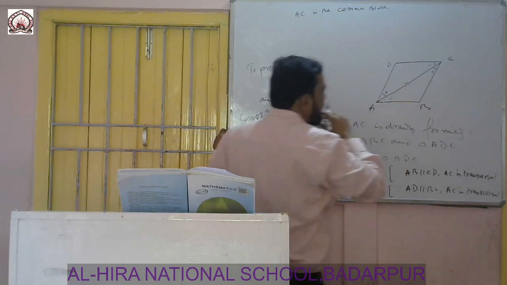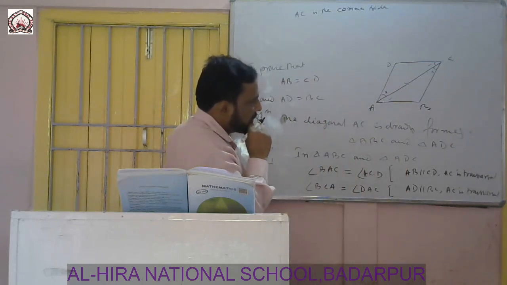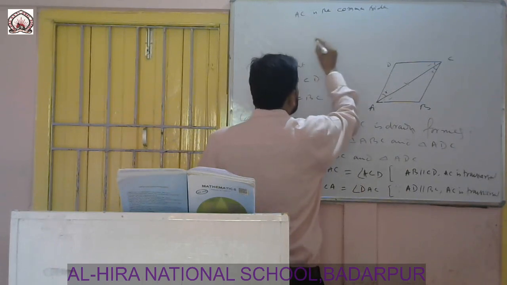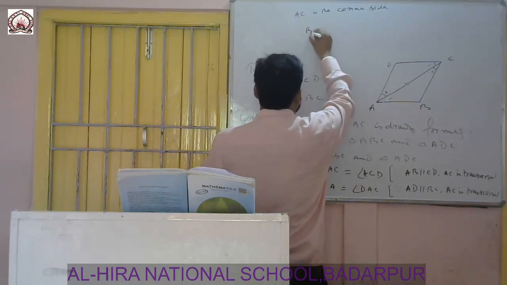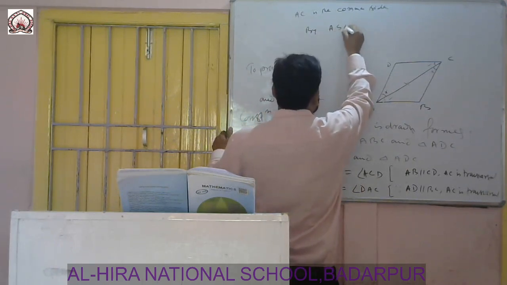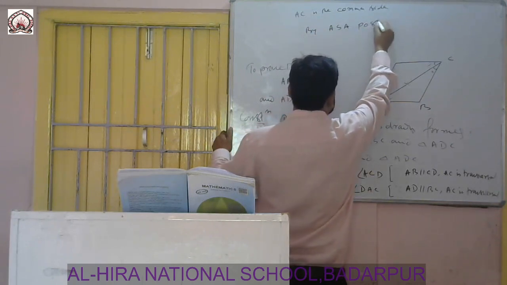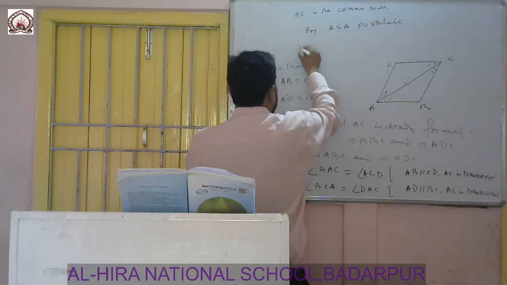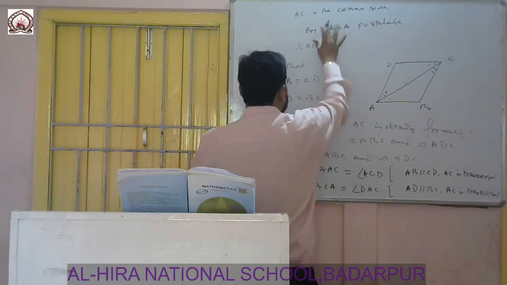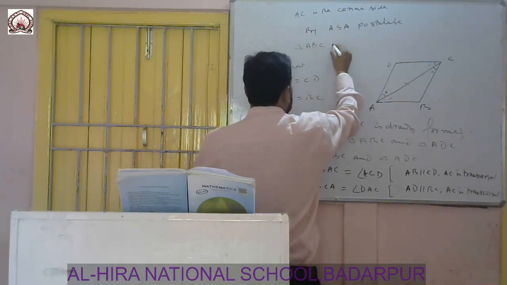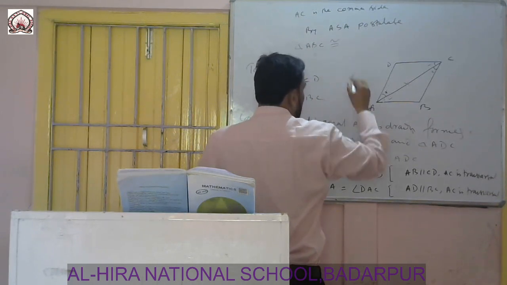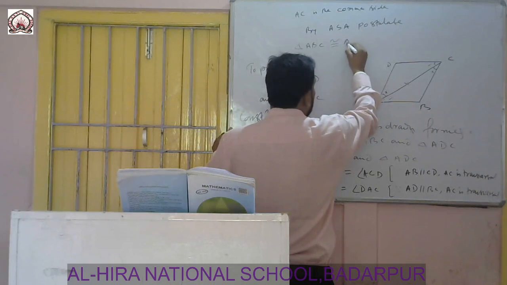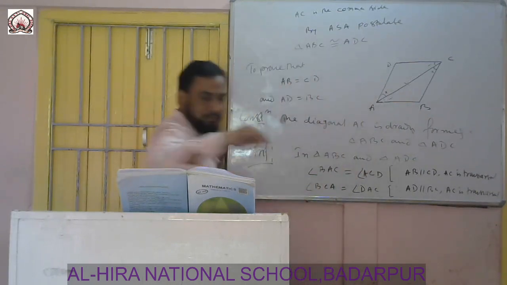Angle, side, angle. Therefore, by the angle side angle postulate, triangle ABC is congruent to triangle ADC.